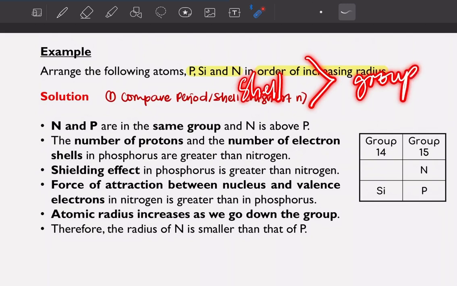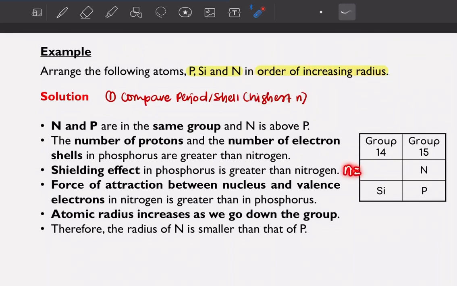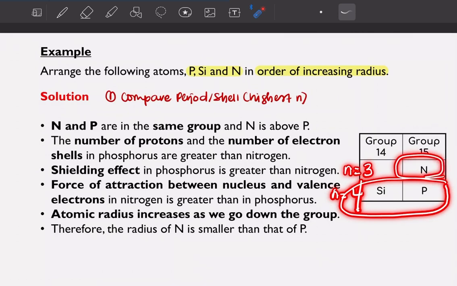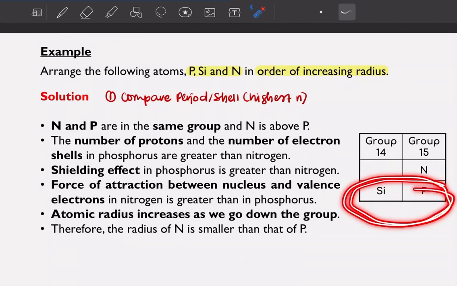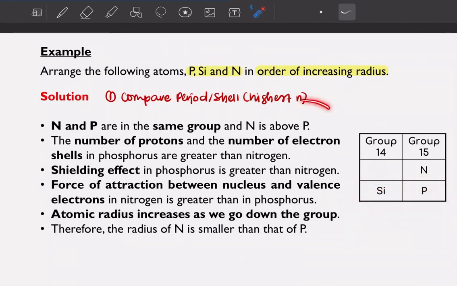Let's say shell 3 and 4, contoh saya tak ingat. So in this case, we know that silicon and phosphorus are much bigger than nitrogen because silicon and phosphorus have 4 shells, have more number of shells. So maksudnya compare dulu these two yang ada the same shell ni dulu.